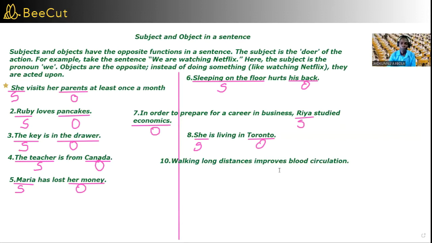Okay, something improves something. So what improves blood circulation? Yes? What improves blood circulation? Yes, I'm waiting. Walking long distances. And what it improved is blood circulation. Oh, walking long distances. So now this is the subject, while this is the object.